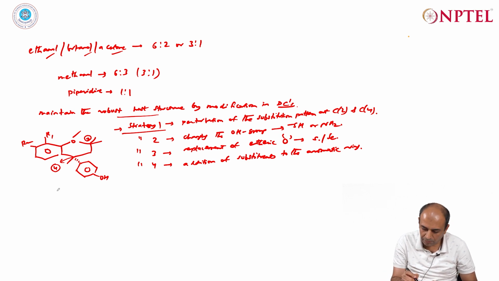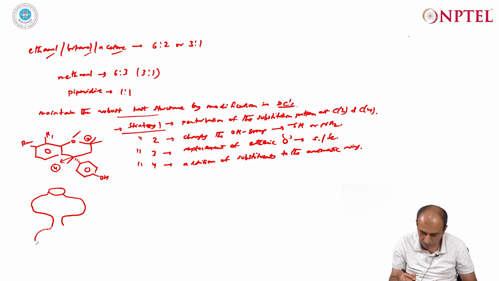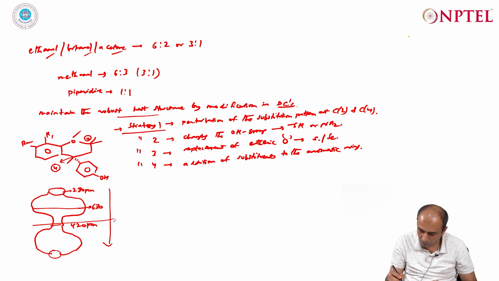And what has been proposed is that it essentially has a structure of this type, where the dimensions are 280 picometer, 630 picometer, 420 picometer, and this is around 11 angstrom.